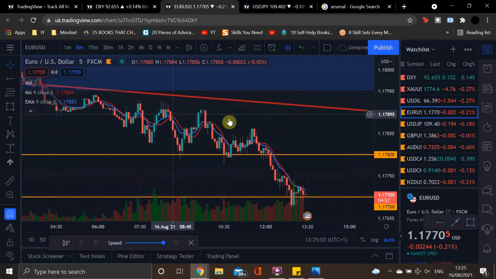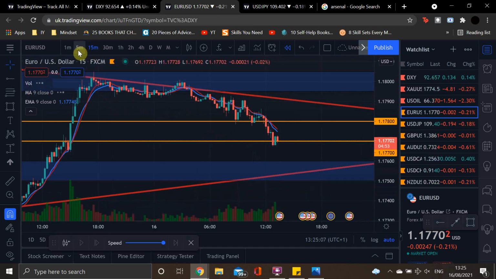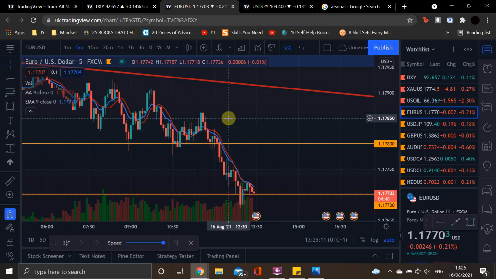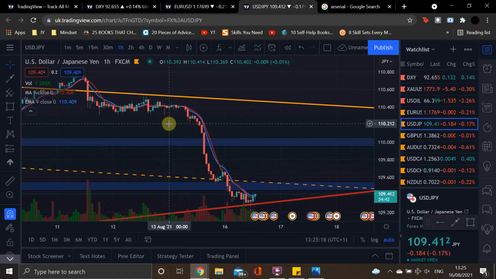So we can see on the 5-minute, 15 minutes, not much you can see. On the 5-minute, there's some funny stuff happening. USD JPY, let's see what's going on here.